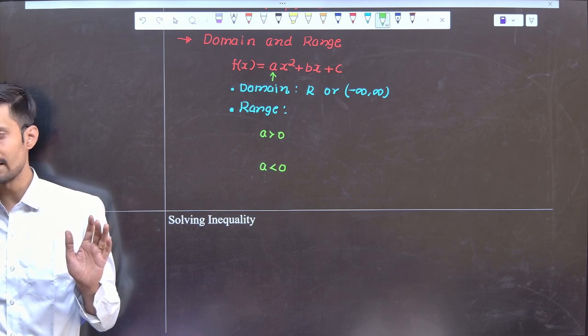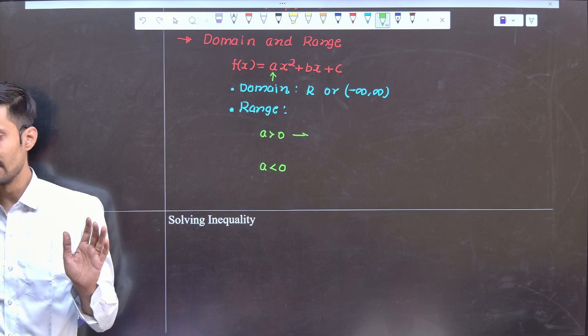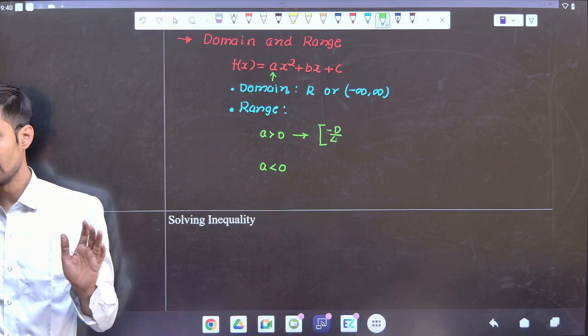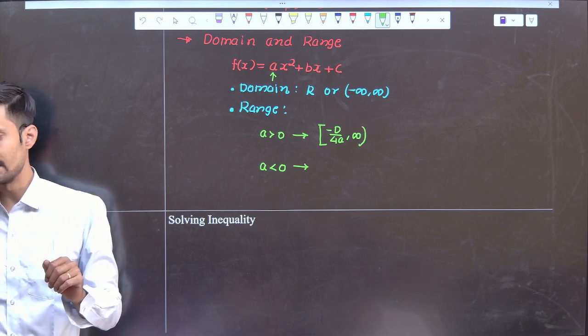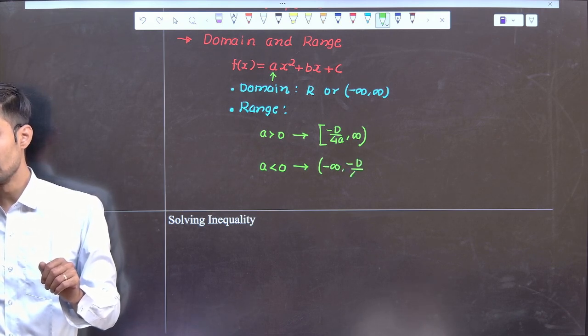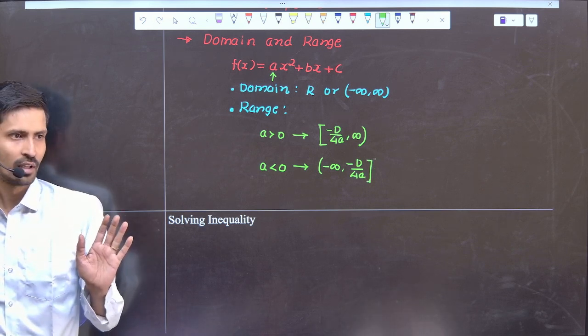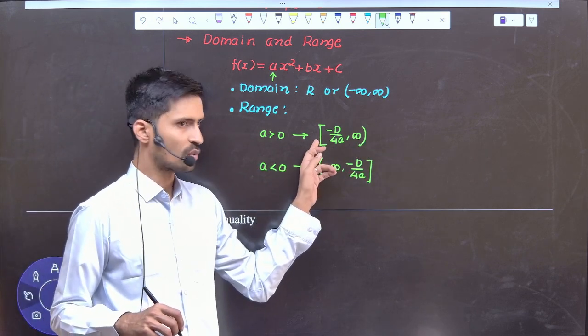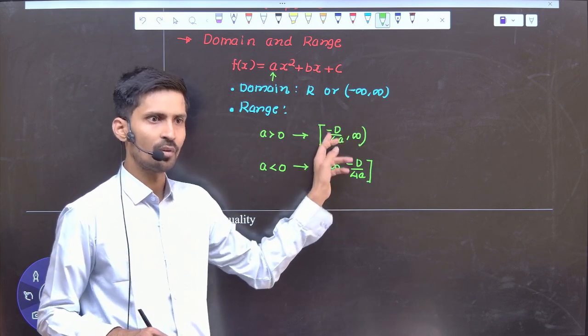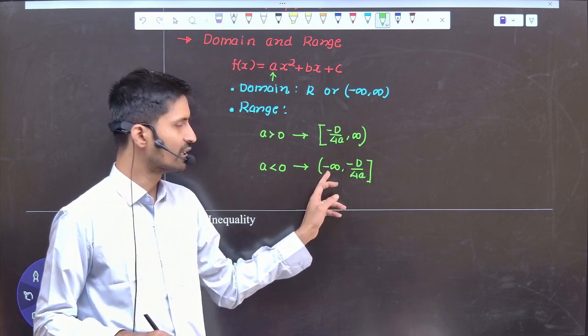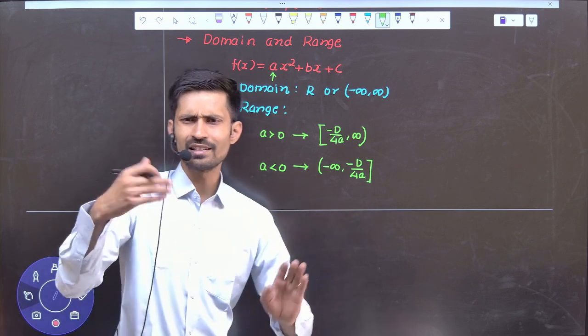A is positive, a is negative. When a is positive, the range of that quadratic will be minus D by 4a to infinity. And when a is negative, the range will be minus infinity to minus D by 4a. That's all. Here it is an open bracket, here it is a close bracket. It means it can give all the numbers from here to here. Very simple. Take it very lightly.